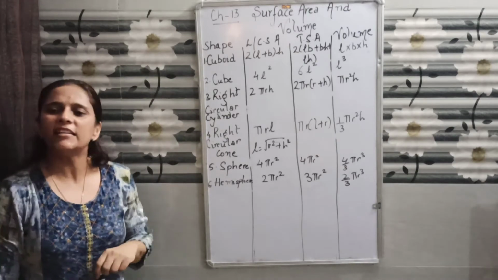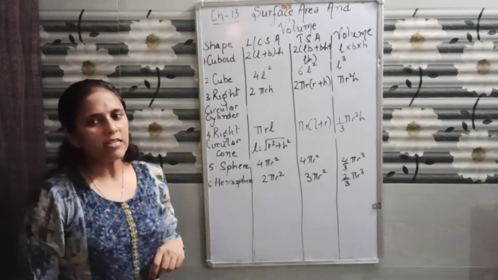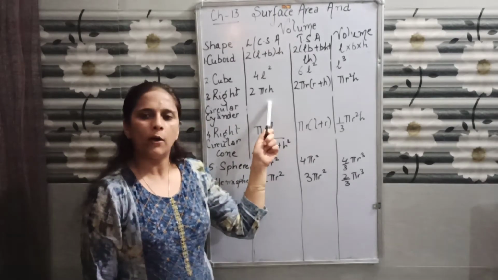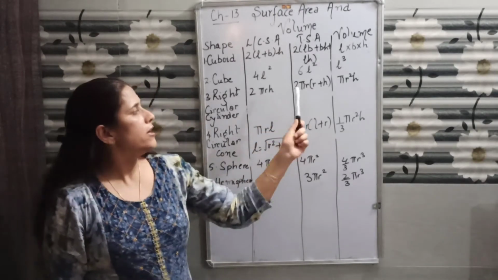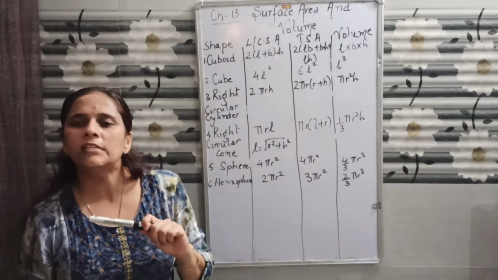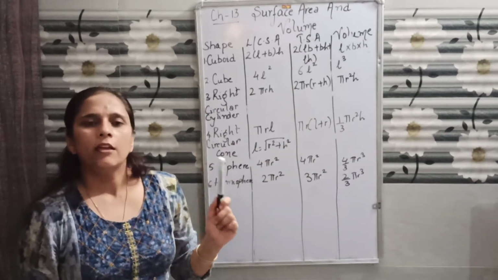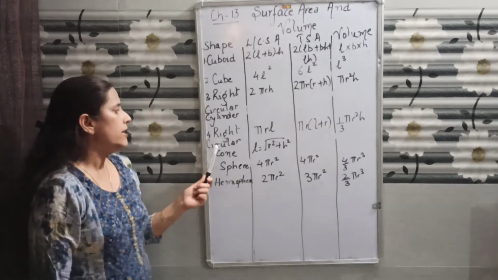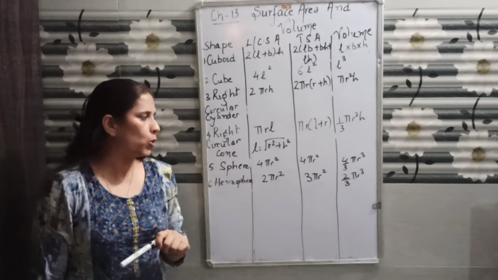Then comes right circular cylinder. The curved surface area is 2 pi RH. Total surface area is 2 pi R (R plus H). And the volume is pi R square H. Here R is the radius and H is the height of the cylinder. Then comes the right circular cone.